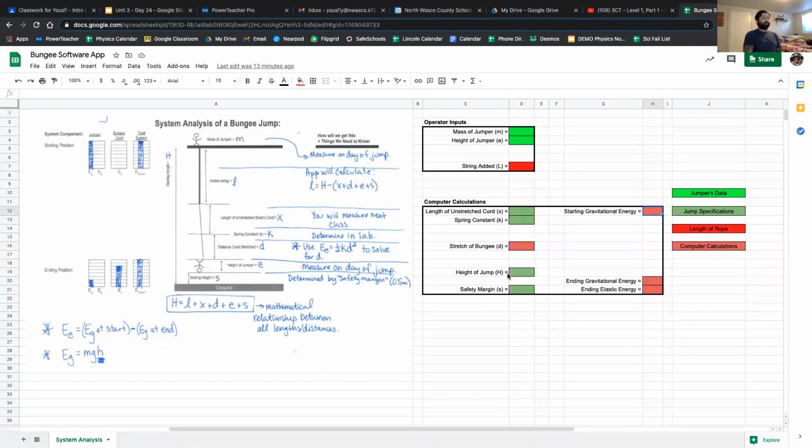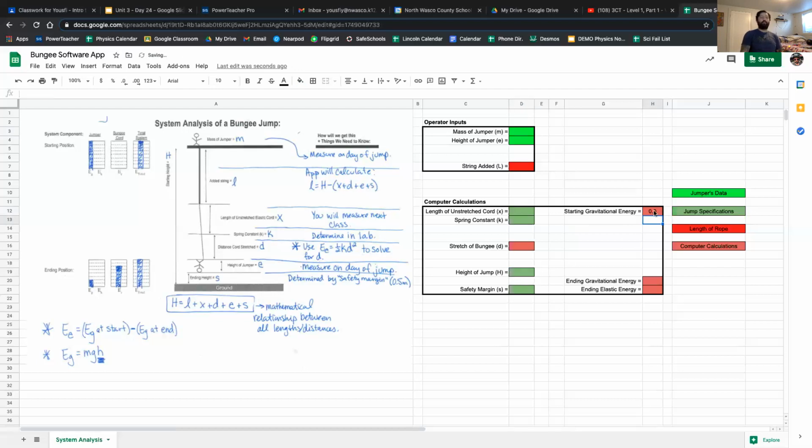So we're going to set this cell equal to the jumper's mass, whatever they enter for the mass, times gravity, which we've been calling 10 this trimester, times the height they're starting from. That's the height of the jump, and we'll press enter.